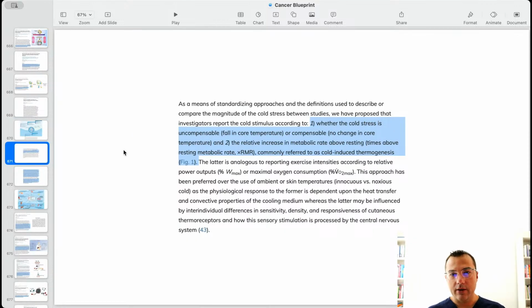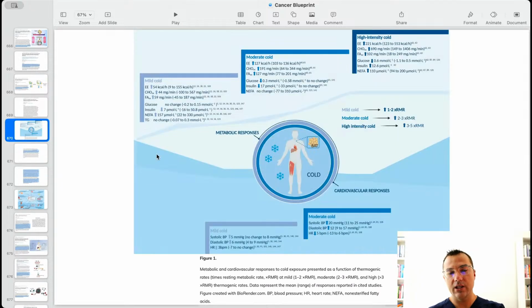It later says that whether the cold stress is uncompensatable, a fall in core body temperature, or compensatable, no change in core body temperature, the relative increase in metabolic rate above resting, times RMR, is commonly referred to as cold-induced thermogenesis. The reason I particularly highlight this is because one of my mentors, Dr. Jack Kruse, talks about cold thermogenesis. What is cold thermogenesis? Cold thermogenesis is a progressive increase in our metabolic rate when we're exposed to cold.